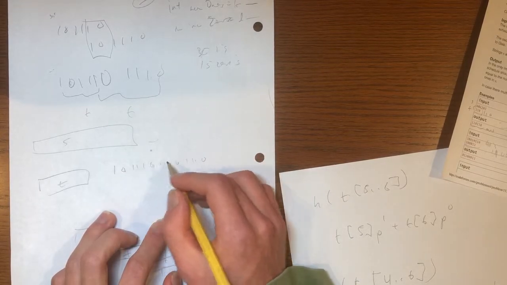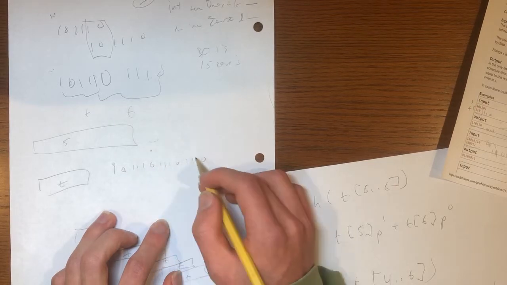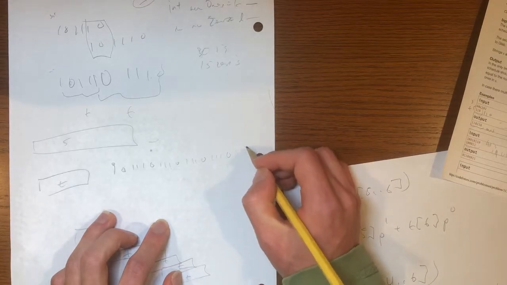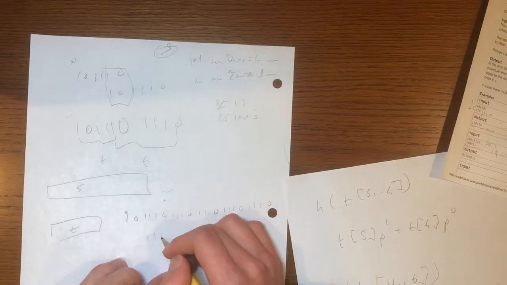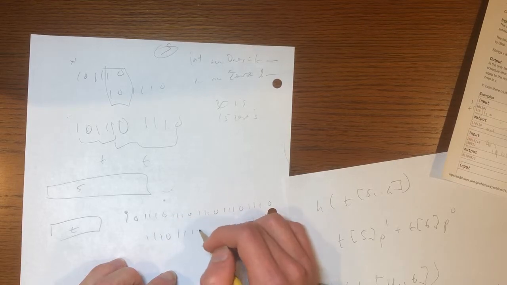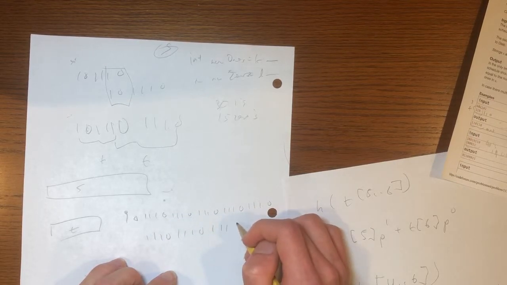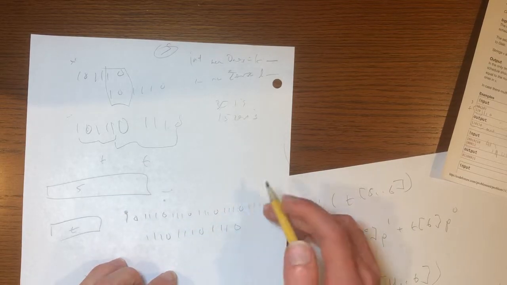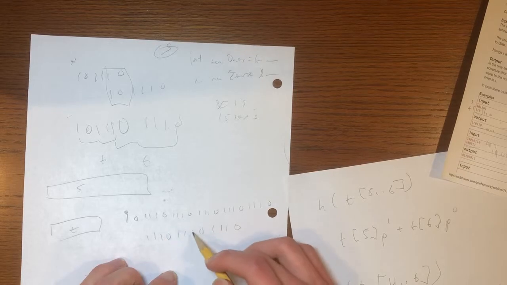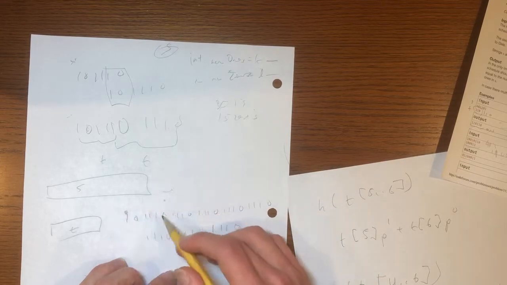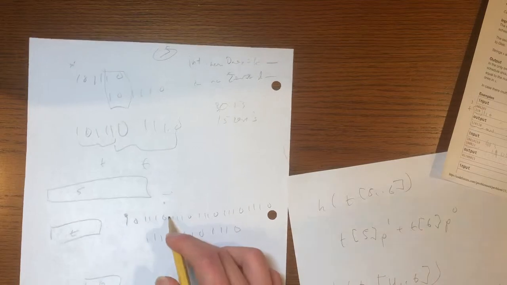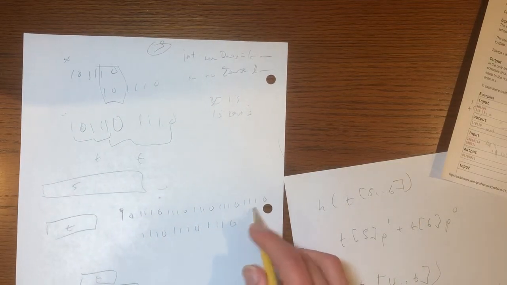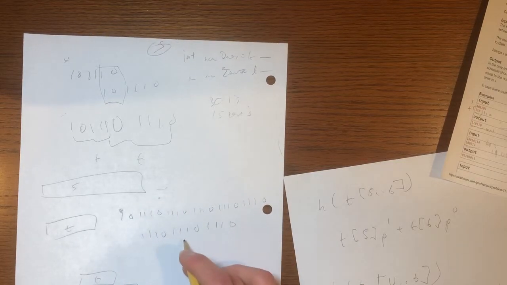So you have 1 2 3 4, 1 2 3 4 5 6 7 8 9 10 11 12 13 14 15 16 17 18 19 20 21 22 23 24, 25 26 27 28.